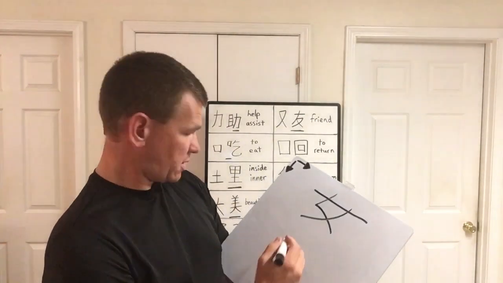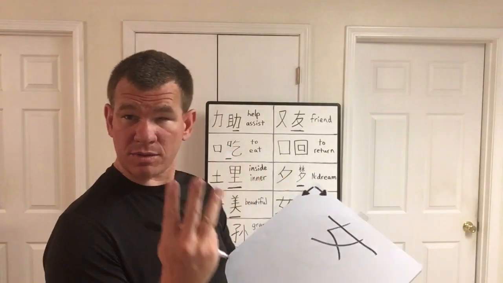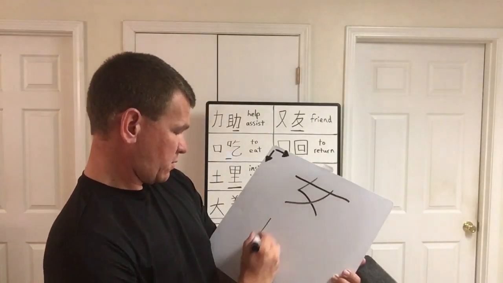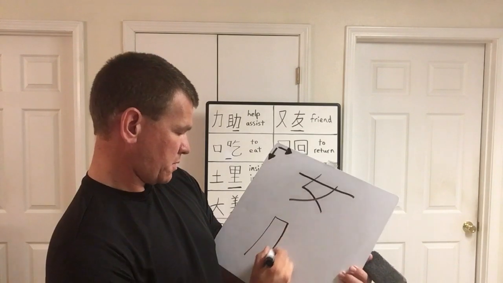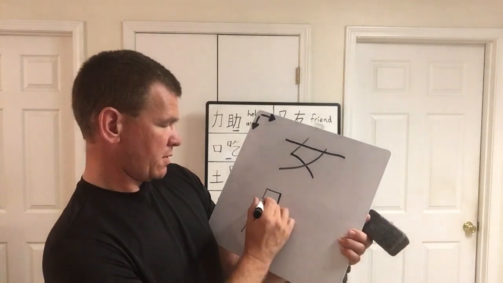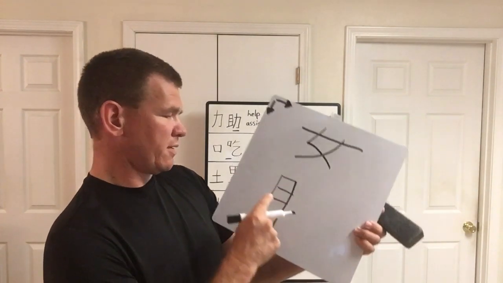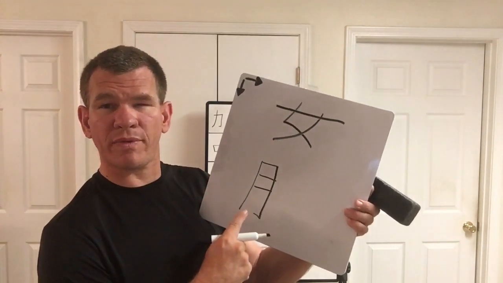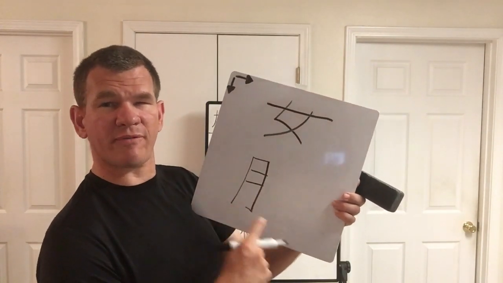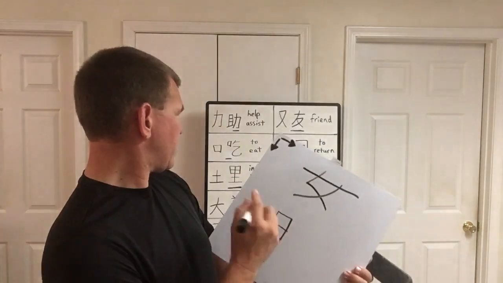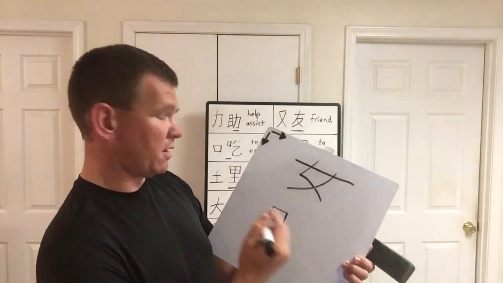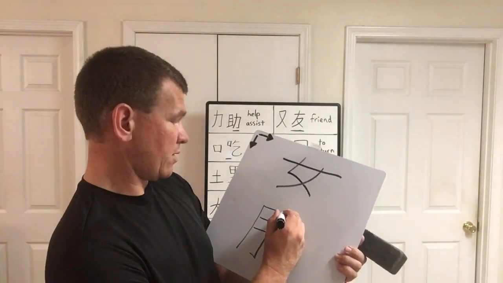Now this one actually has 3 parts. 1, 2, 3, 4. This is moon or month. This character is by itself on the left. Now you have 2 pieces on the right.